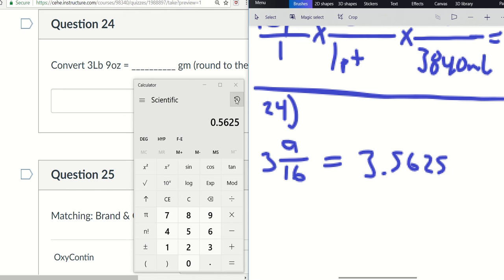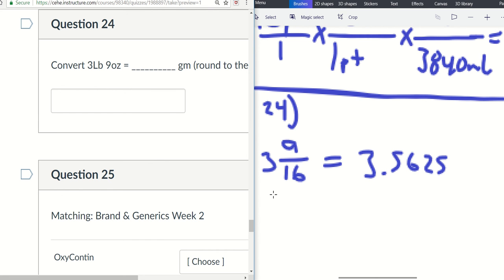So ounces is just a fraction of the pound out of 16. So if your baby is 8 pounds 3 ounces, it's not 8.3 pounds. It's 8 and 3/16 of a pound. So if this person is 3 pounds 9 ounces, it's not 3.9 pounds. It's 3.5625 pounds, right? You have to change the fraction into a decimal.